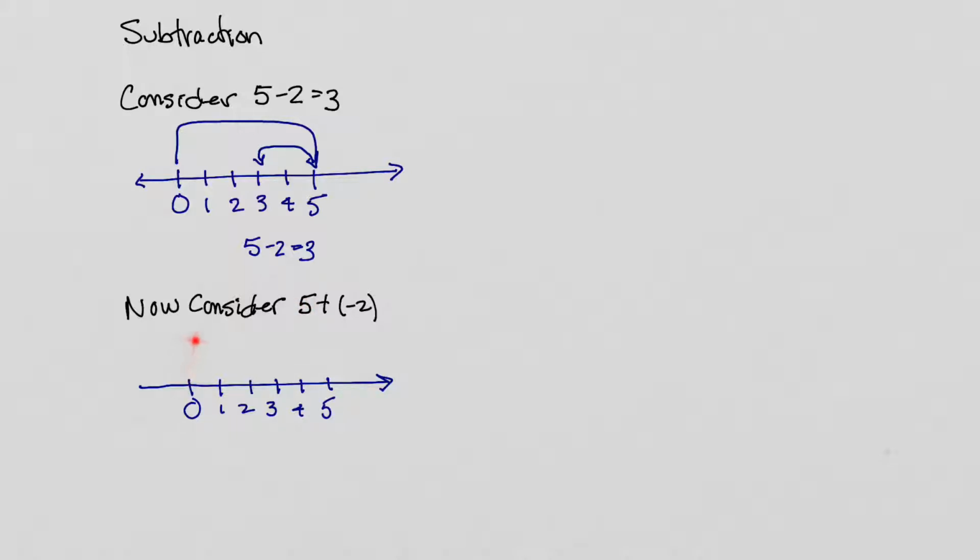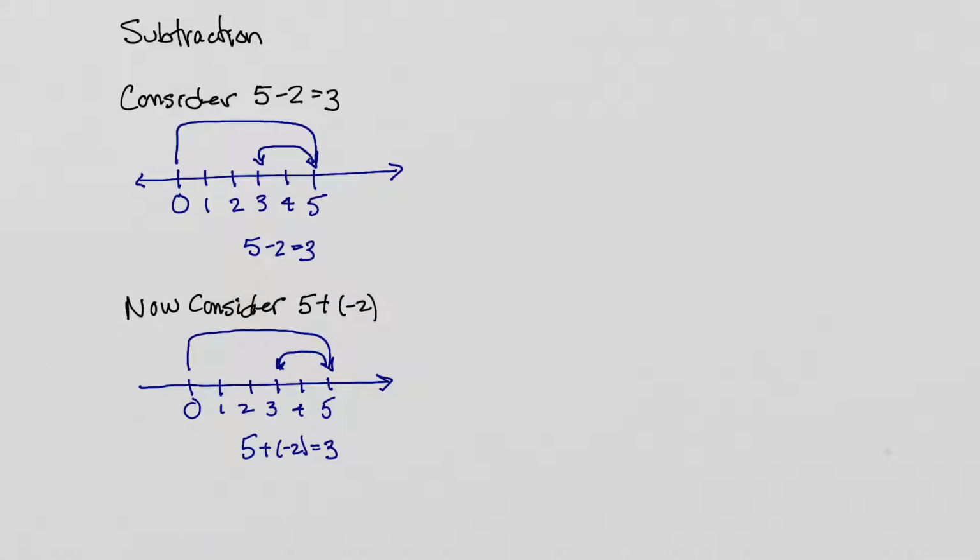So let's go from 0 out to the 5, out here 5 units, and then what I want to do is add negative 2. Now I'm going to add, but negative 2, so that's a negative direction. So if I move now in the negative direction 2 units, I'm still here at 3, right? So what I'm getting is that 5 plus negative 2 is equal to 3.